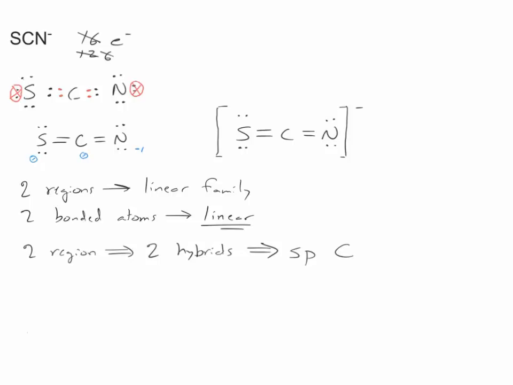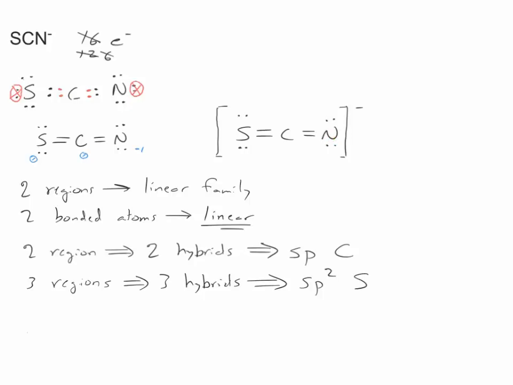Now, what about the sulfur? Sulfur has 1, 2, 3 regions around it. 3 regions. And as we know from previous examples, 3 regions means that we need 3 hybrids. And what has 3 hybrids? The sp2 hybrid set. So that's for sulfur.